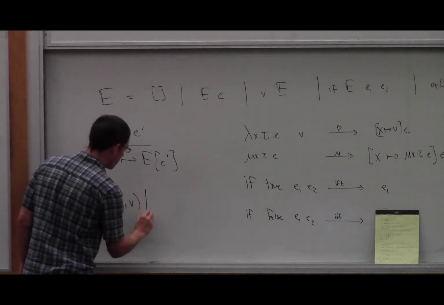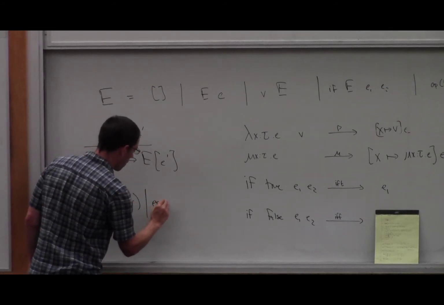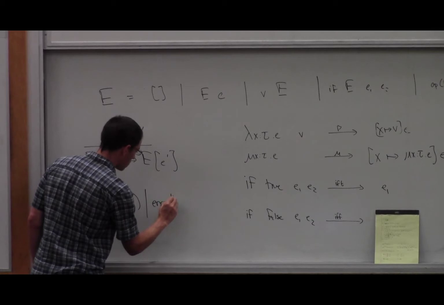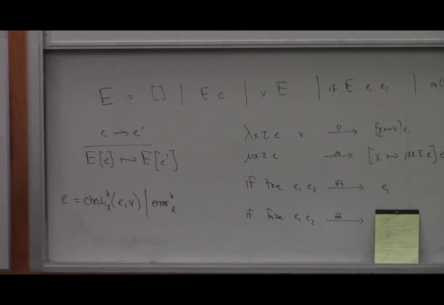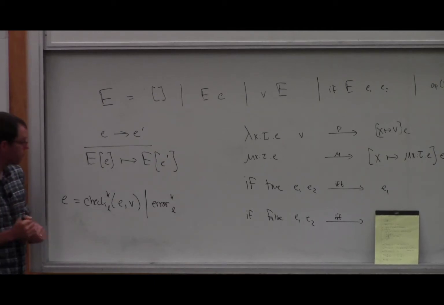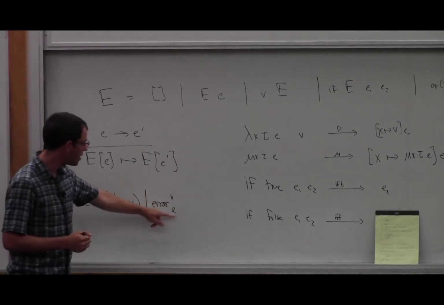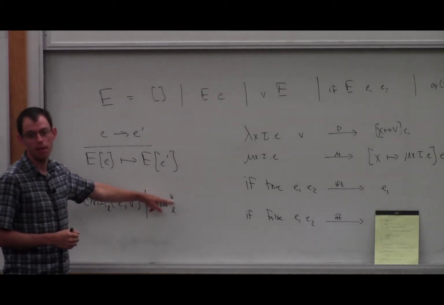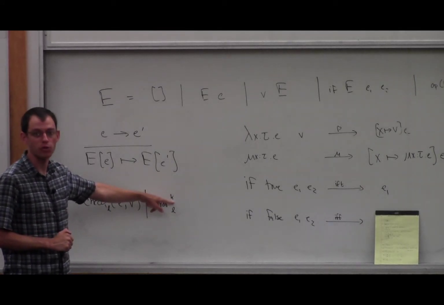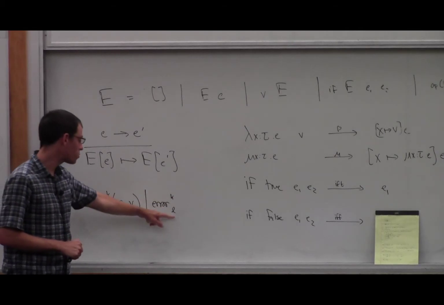The other thing we're going to add is an error, which says raise a contract error and blame label K. That's the person who violated the contract. And which contract was it?